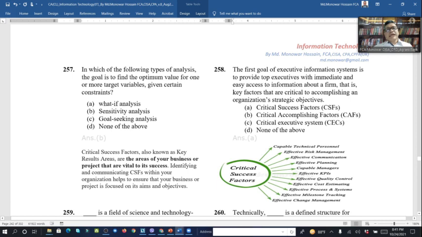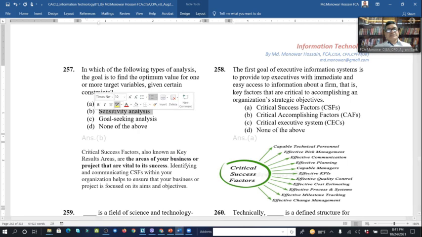In which of the following types of analysis is the goal to find the optimum value of one or more target variables given certain constraints? Here the basic answer is sensitivity analysis. In sensitivity analysis, the goal is to find the optimum value for one or more target variables given certain constraints.